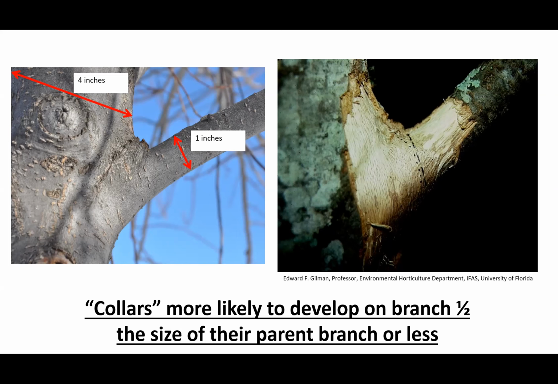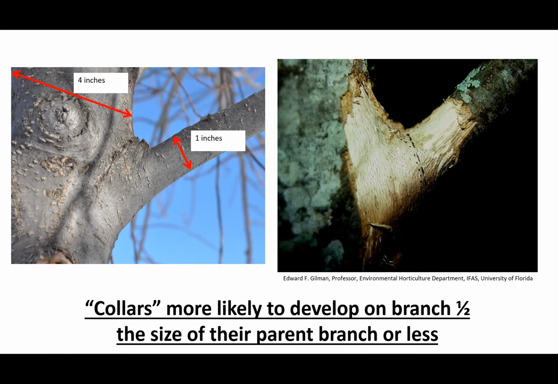Okay, so here's a really important point. Collars are really good for all the reasons I just said. They help keep decay out. They're very strong, but they only form between a parent branch and a lateral branch that is usually about half the size of the parent branch or less.